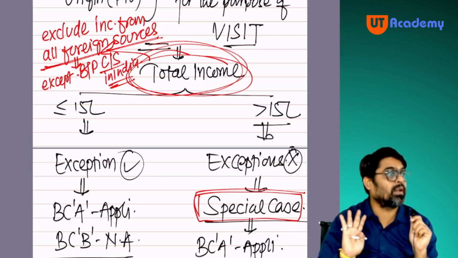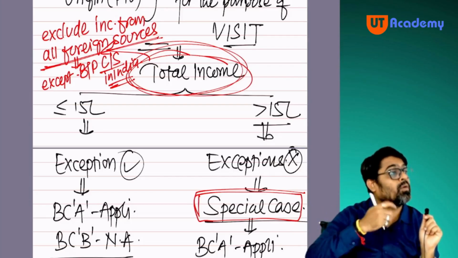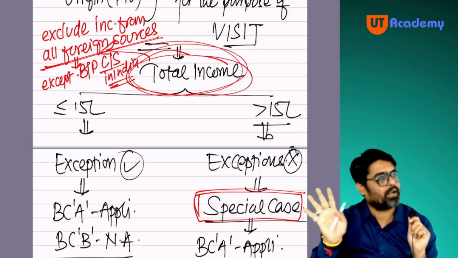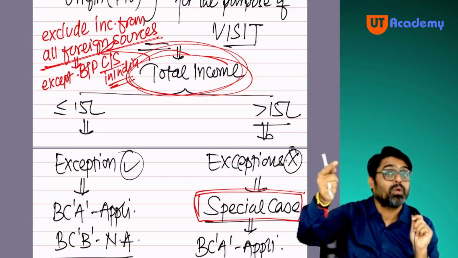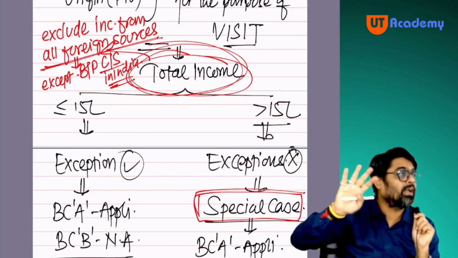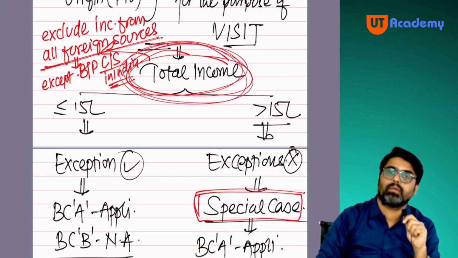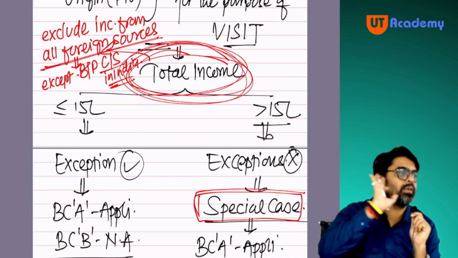All other foreign sources, don't take. Will you take income of Indian sources? Yes. Income of foreign sources, don't take. Only take income from one foreign source: business or profession which is outside India, controlled from India or set up in India. Whenever you calculate this total income, exclude the income of all foreign sources other than this.